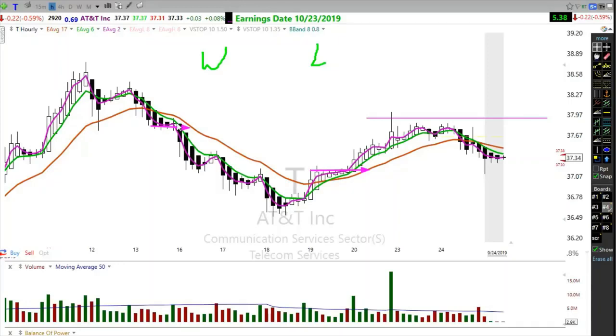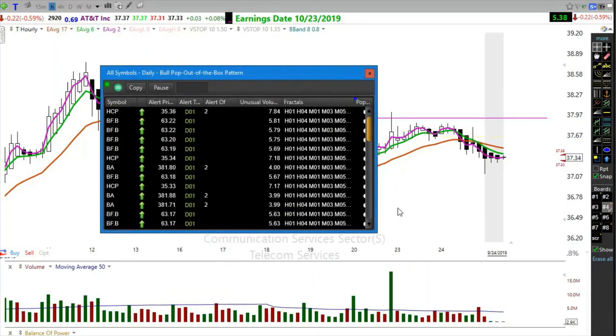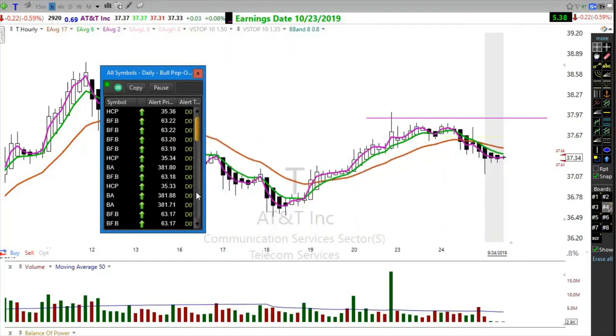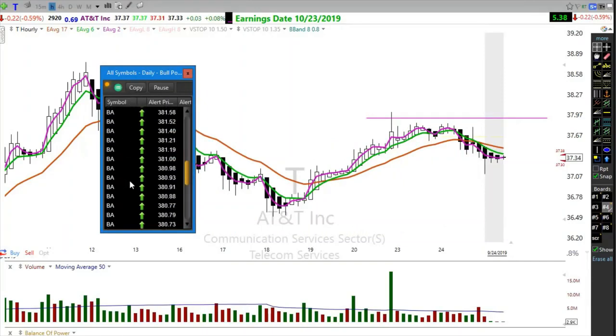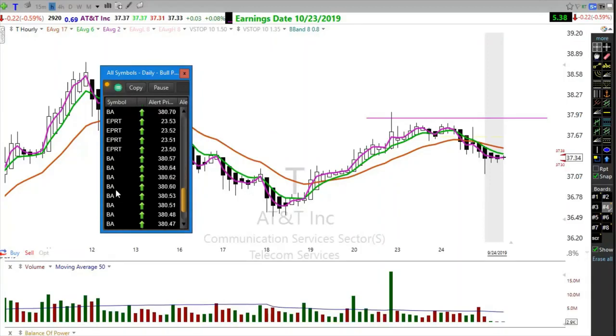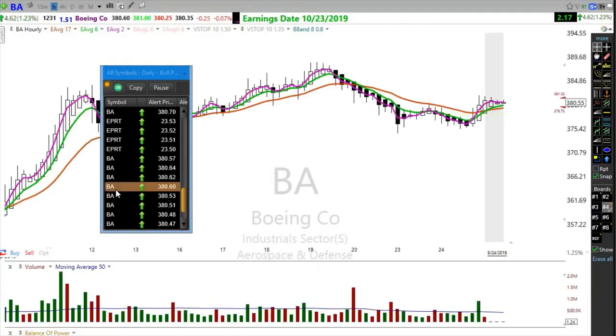So for example, here's a window. And by the way, there's a lot more information in here that I don't show. But in that window, it's populating trades all day long that are setting up in the strategy that I have here to alert. It's telling me these trades are putting themselves together for a potential, and all I have to do is double click and I go straight to the chart and find out if that strategy is setting up.